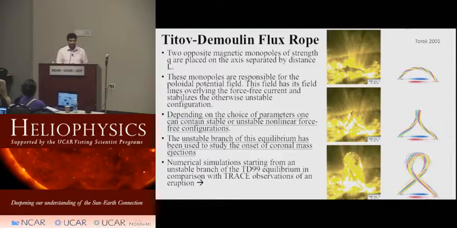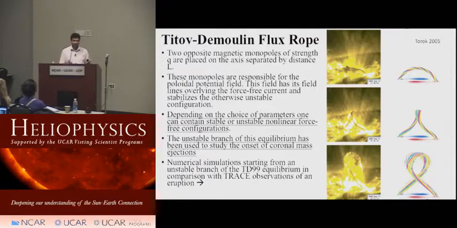This field has its field lines overlying the force-free currents and stabilizes the otherwise unstable configuration. This is all about how they try to stabilize and destabilize certain characteristics, and depending on the choice of parameters, one can obtain a stable or an unstable nonlinear force-free configuration.